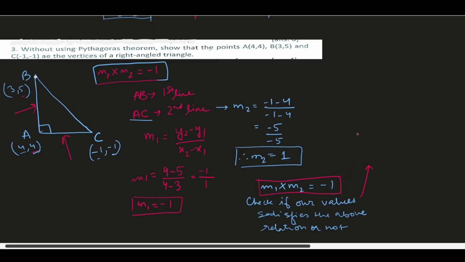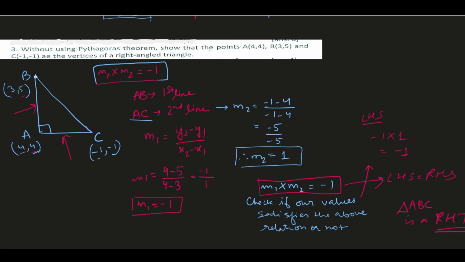I'm doing it here. If we consider LHS, the left hand side, M1 into M2, that is minus 1 into 1, which is nothing but equal to minus 1. So since LHS is equal to RHS in this case, we can say that triangle ABC is a right angled triangle.